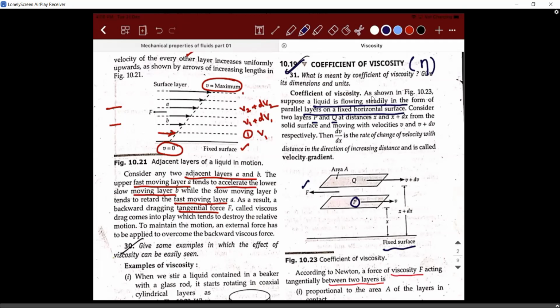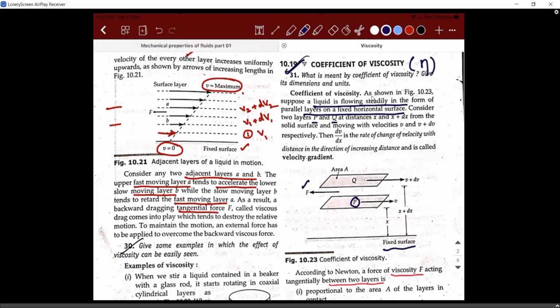Let me give you a heads up of what gradient means. It's not a very big term. Gradient is another name given to the idea of slope. You've learned slope in your straight lines in mathematics. What is it? y2 minus y1 divided by x2 minus x1. Whenever you take physics into consideration, there are two things that will come into the picture. One is rate of change with respect to time. If I put dv by dt, what do I call it? Rate of change of velocity with respect to time is acceleration.